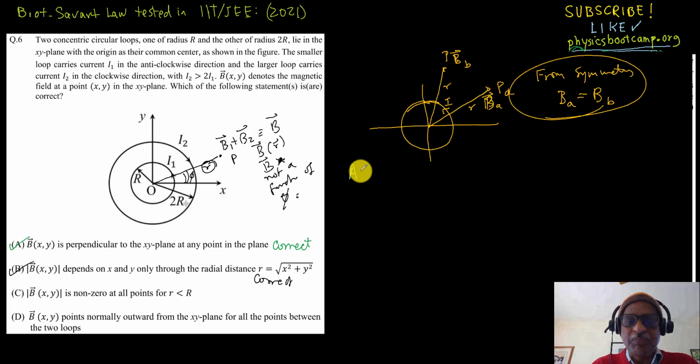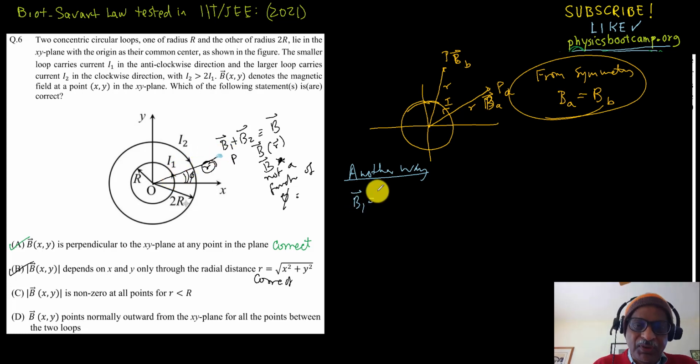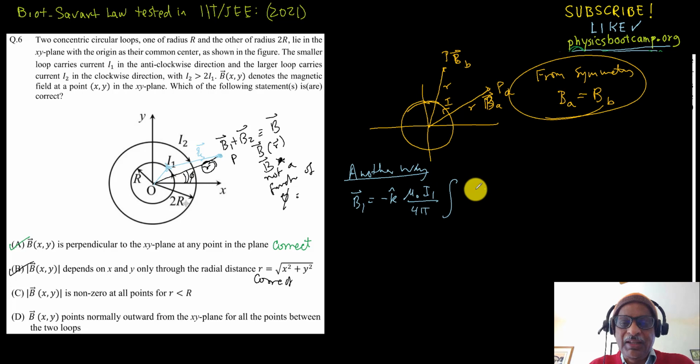Now, if you were to do it some other way, not using symmetry arguments, it's much harder. Another way, maybe a kind of dead end, would be to figure out B from 1 and B from 2. So for B1, it's going to be k hat mu naught I1 over 4 pi, and then I have to do this integral from this to that point, that's R, and this is dl. So dl will be R times minus sine theta i hat plus cosine theta j hat d theta.